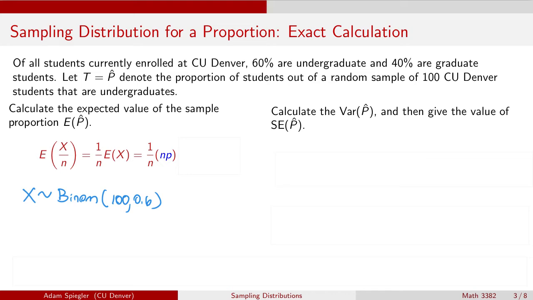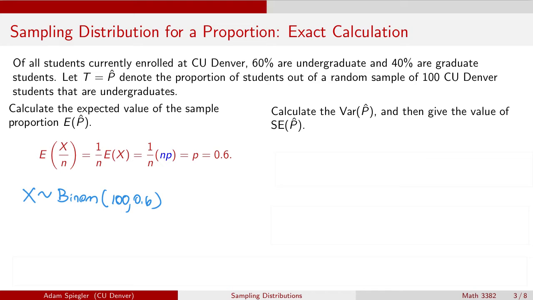Now we can cancel those n's, and what's left is just p. So this makes sense that the expected value for the sample proportion is equal to the population proportion, which is 0.6. Hopefully this intuition makes sense here, that if I pick a random sample of 100 students, I should expect 60% of them to be undergraduates.